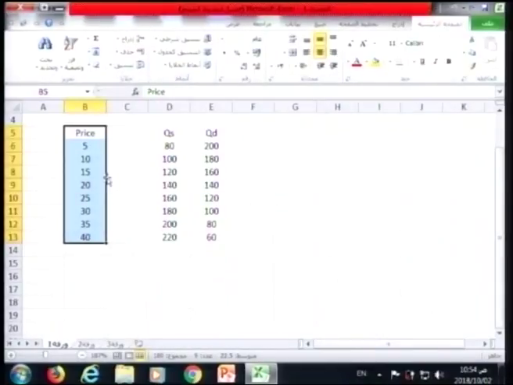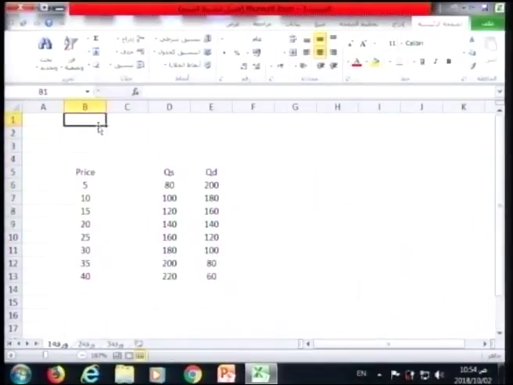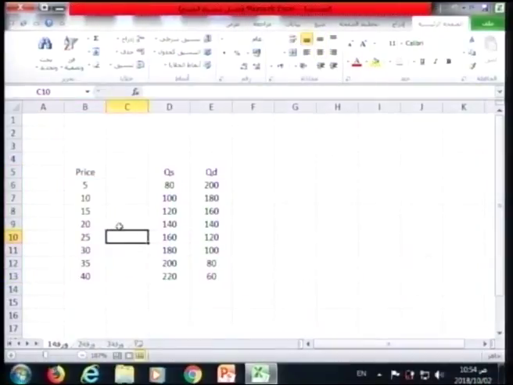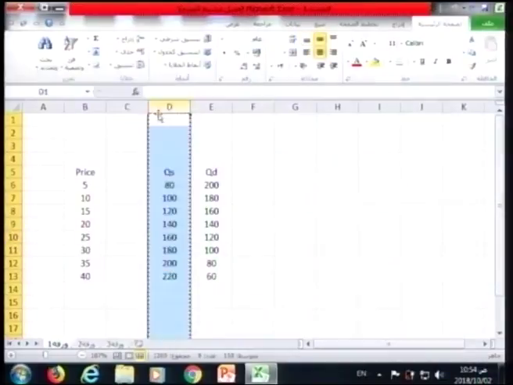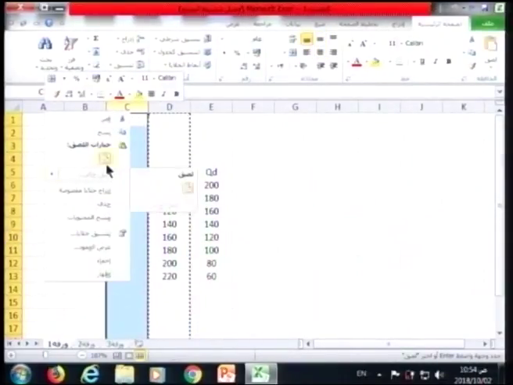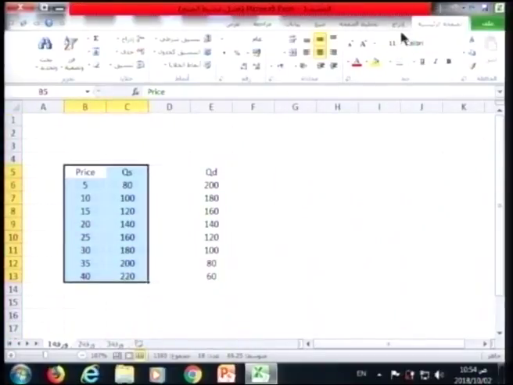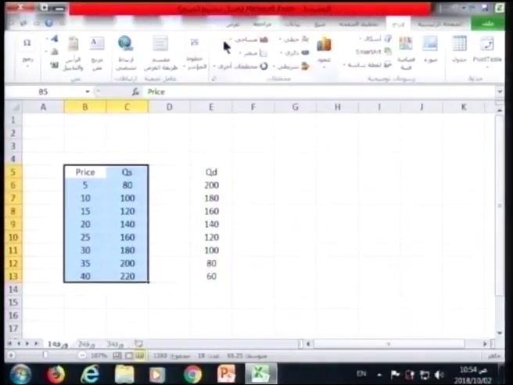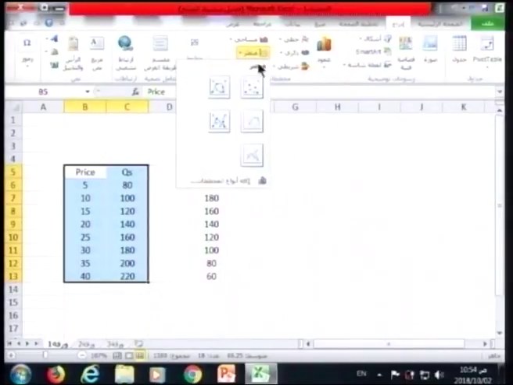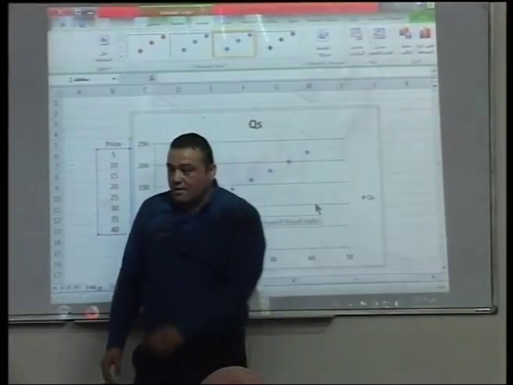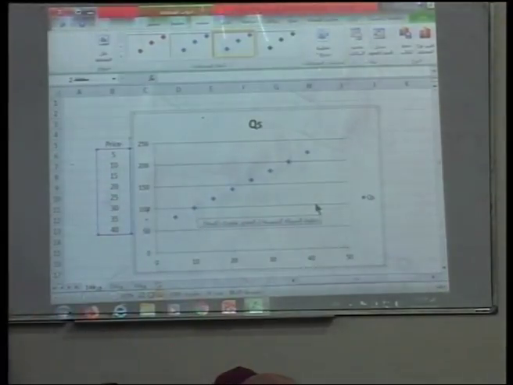I'm gonna study the relationship between the prices and the quantity supplied here, as you see. The same as the previous. Here's the graph. This is the supply curve. The previous one was what? Demand curve.